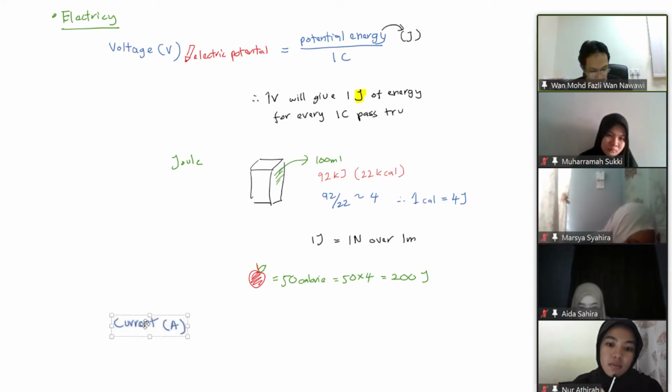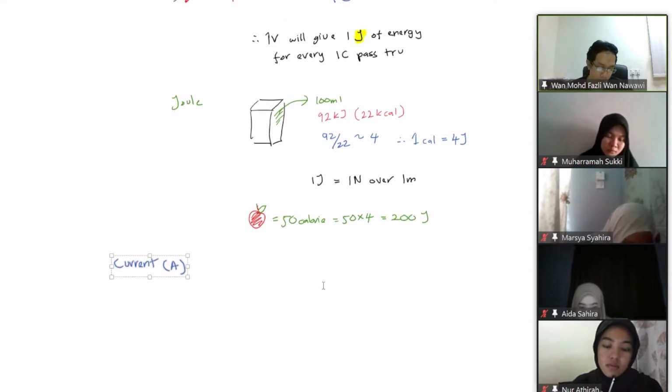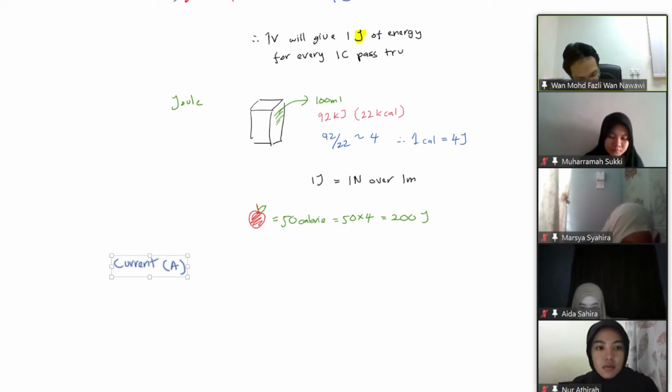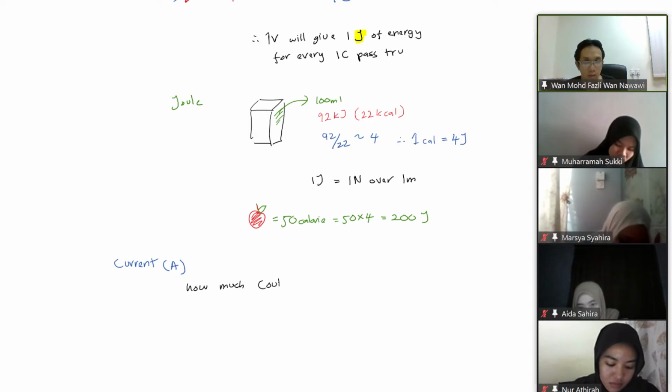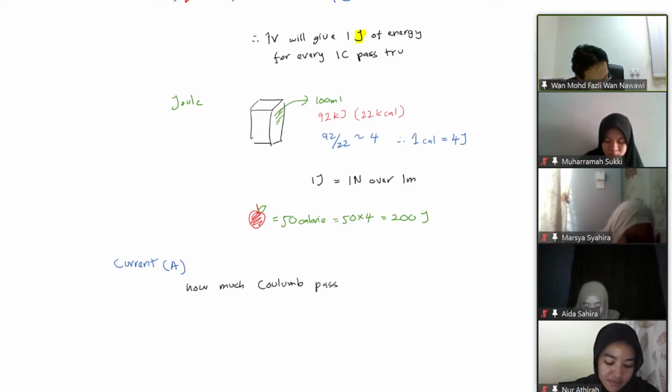The current is simply how much coulomb of charge passes per second.